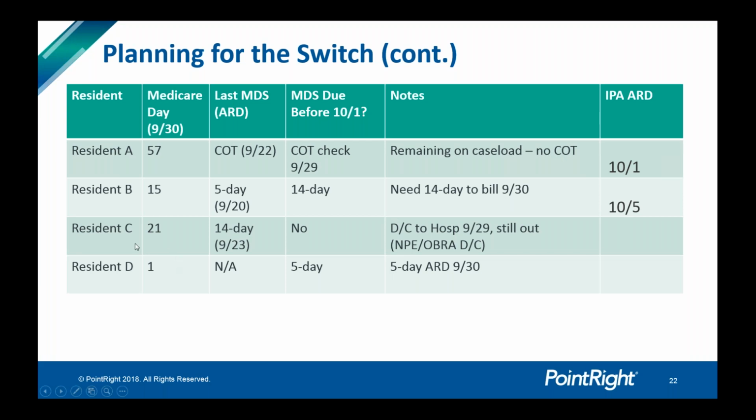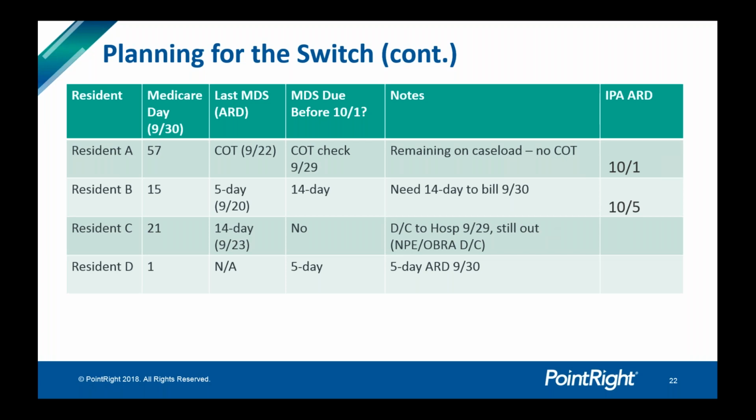Now for resident C, been in the facility, he'll be on day 21 on the 30th, and we last did his 14-day MDS on the 23rd. So nothing is due before the 1st, and that would be great, except he went out to the hospital on the 29th and he hasn't been back. So this is getting towards the end of the day on the 30th.